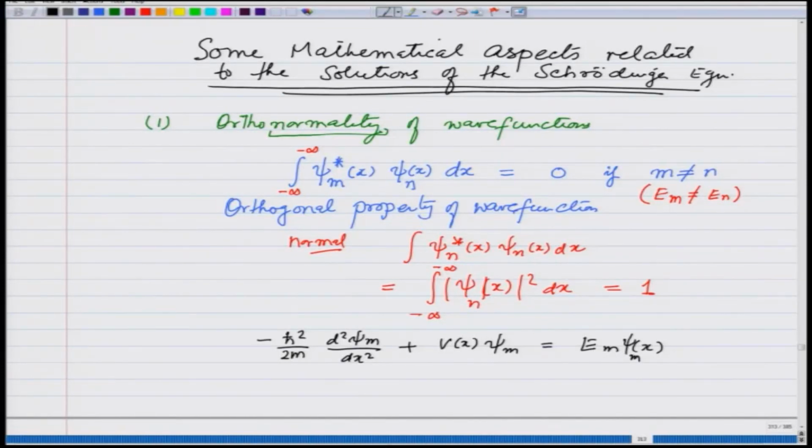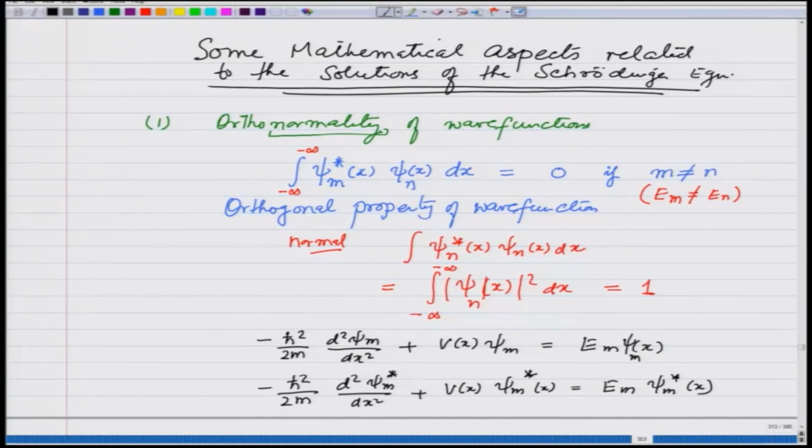If I take its complex conjugate, all the real quantities remain the same: minus h cross squared over 2m d2 psi m star over dx squared plus V, which is real, times psi m star x is equal to E m, which is real, times psi m star x. So, we have just written the Schrodinger equation for psi m, for its complex conjugate as well as the wave function itself.